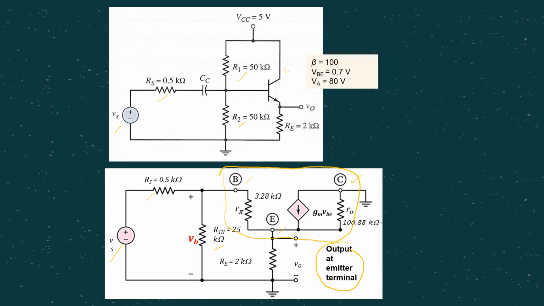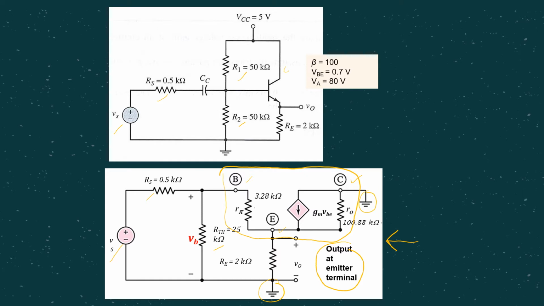But the tricky part is that we cannot proceed with the AC analysis just using this small signal equivalent circuit. Why? Because in this circuit we have two ground levels, one at the bottom side, and another at the collector side.